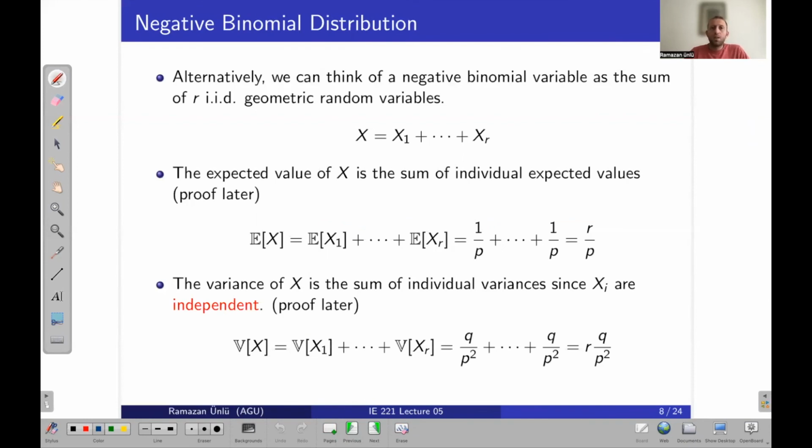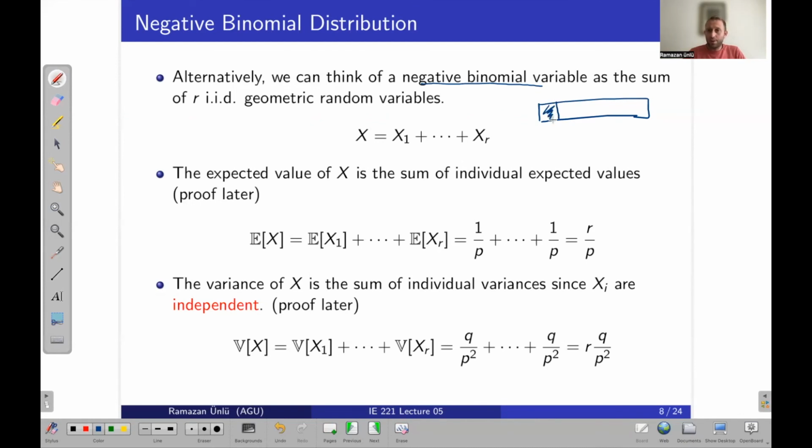Why? In the negative binomial variable, we aim to get some number of successes, right?